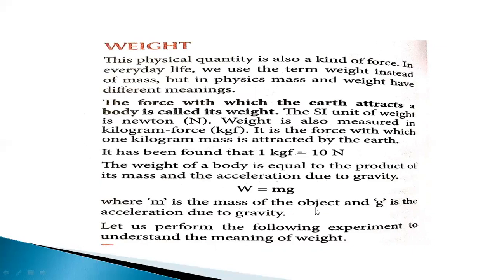In your textbook you can see there are two instruments to measure weight. The instrument commonly used to measure weight is the spring balance, and I have already shown you the spring balance in 6th standard. A spring balance is a form of balance having a helical spring.